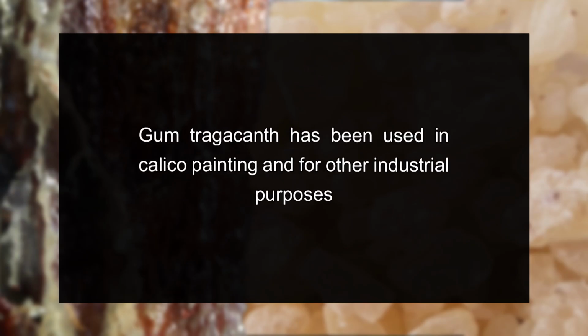Gum tragacanth has been used in calico painting and for other industrial purposes. It is one of the oldest drugs and was known since 300 BC. In modern medicine, it has served as an adhesive agent for pills and tablets and for the suspension of insoluble powders. So, discussing the last type of gum, that is karaya gum.